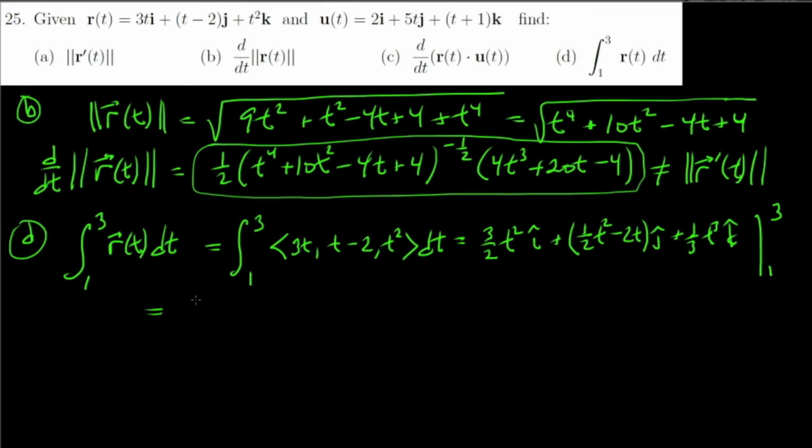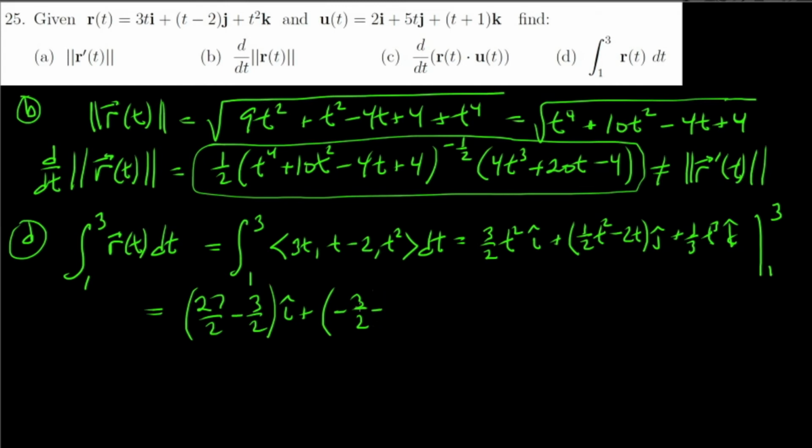So t squared, 27 over 2 minus 3 over 2 times i, plus 9 over 2 minus 6. So 9 over 2 minus 12 over 2 is negative 3 over 2. And then when you plug in 1, you get 1/2 minus 2, so that's going to be minus negative 3 over 2.